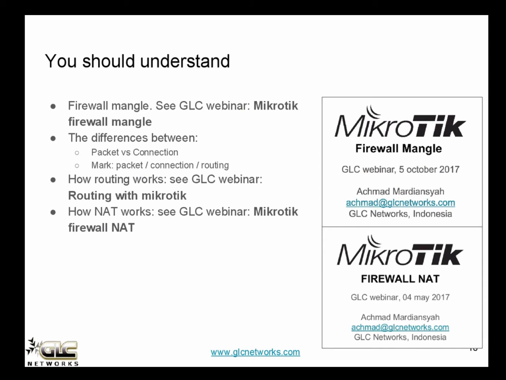That's why we encourage you to attend our training. With the training, we set up our materials in a sequential manner so that you get a comprehensive understanding of networking. So you have two choices: you come to our training, or you learn MikroTik by yourself, but based on our experience, it takes a long time. Does that answer the question?